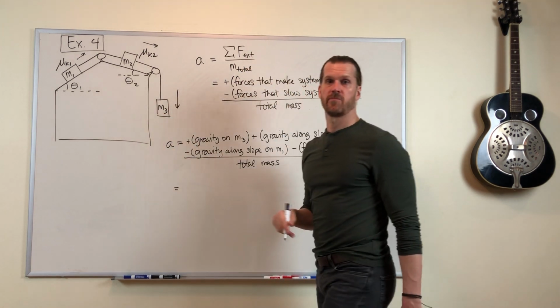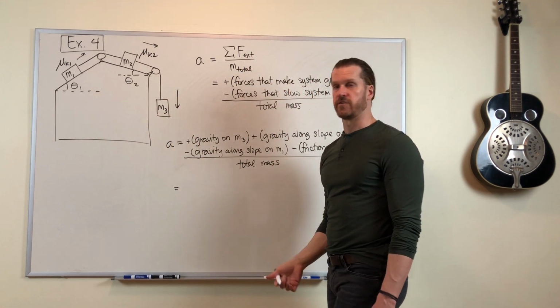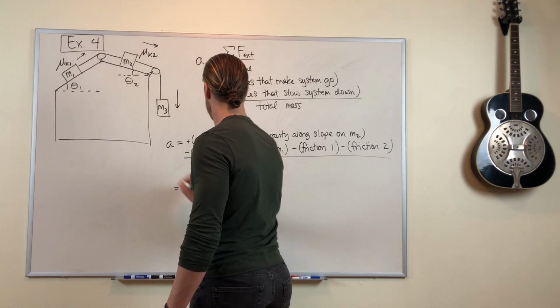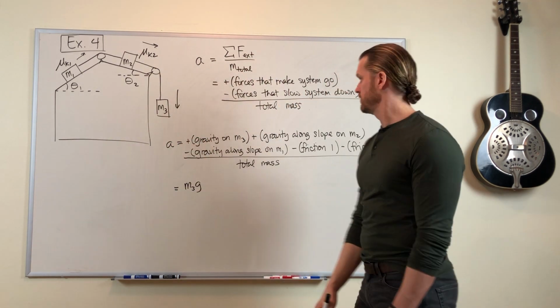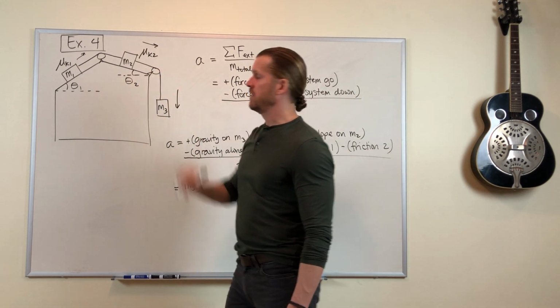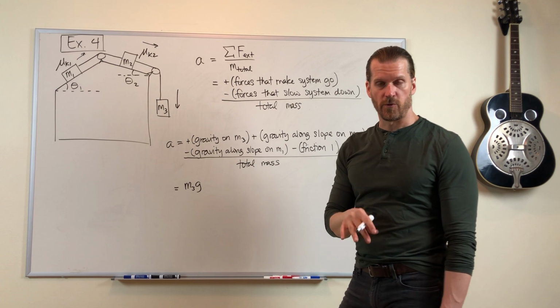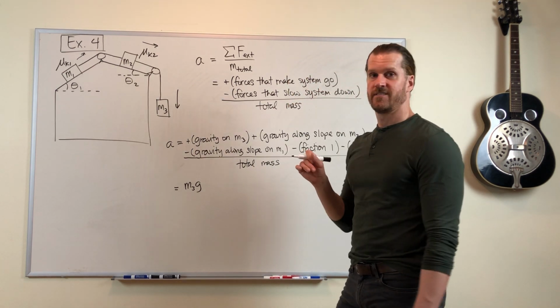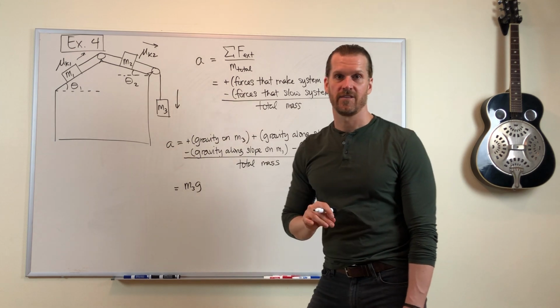The gravity force on M3, because it's moving straight down, is going to be M3G. That's easy. The gravity along the slope on M2, well, we've learned that when you do slope problems, the gravity force along the slope is mg sine theta.